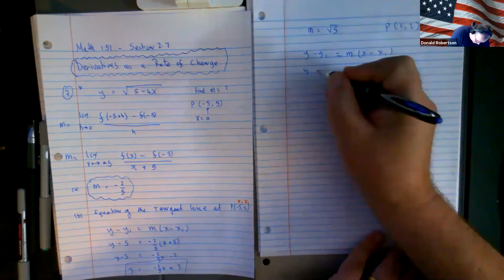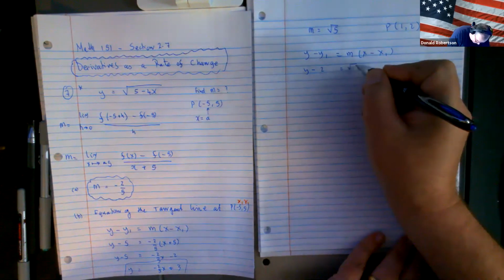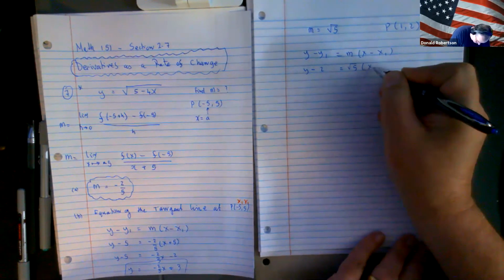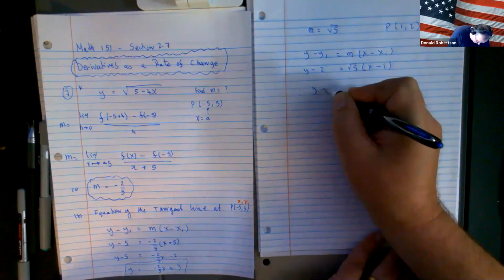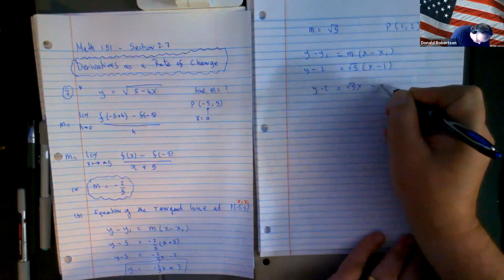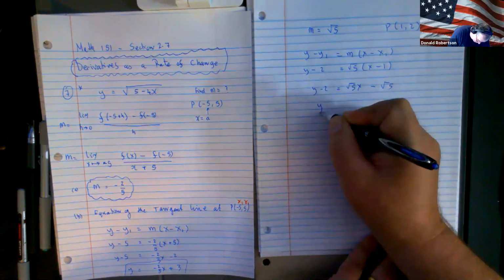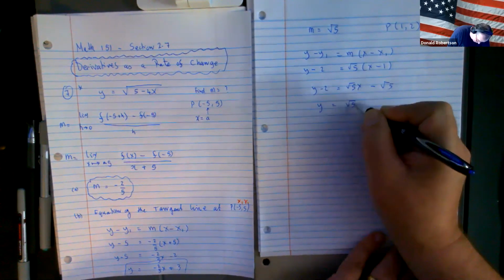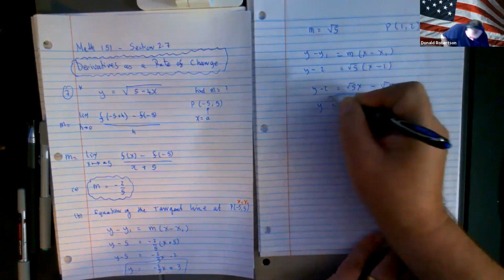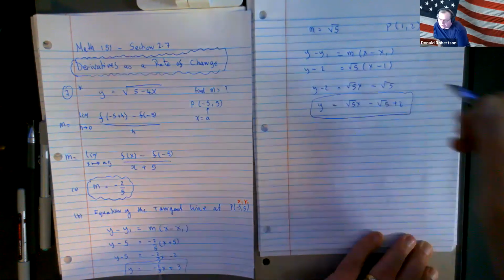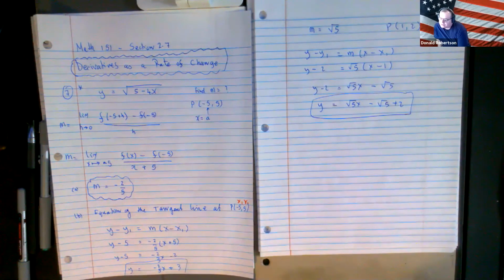The answer is exactly what you would have done if it had been a nice number. Multiply through by the square root. Right, it's not the prettiest answer in the world, but it is also correct.